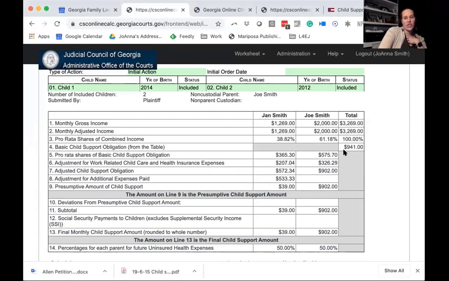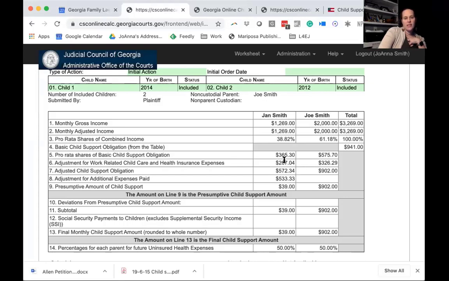This is the pro rata shares of this. So this number is 38% of this. This number here is 61% of this. We took the work-related childcare and the health insurance expenses and divided them pro rata and put it here.